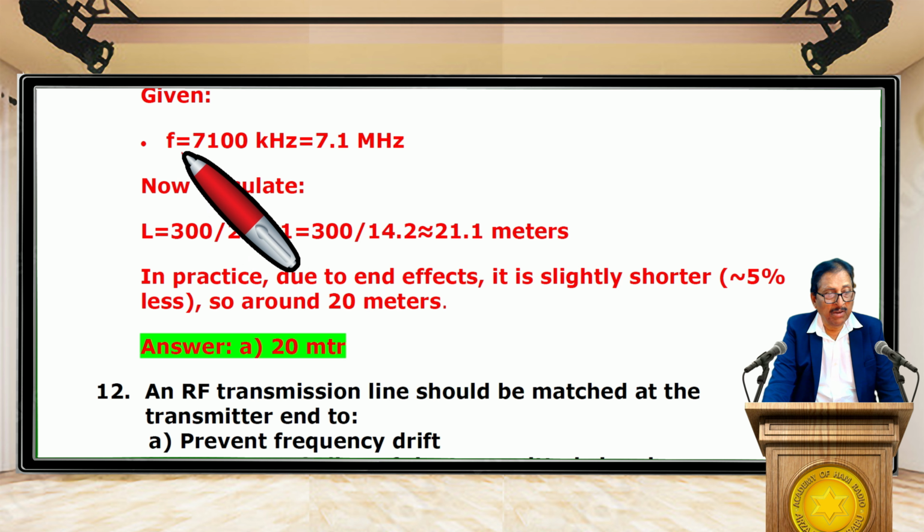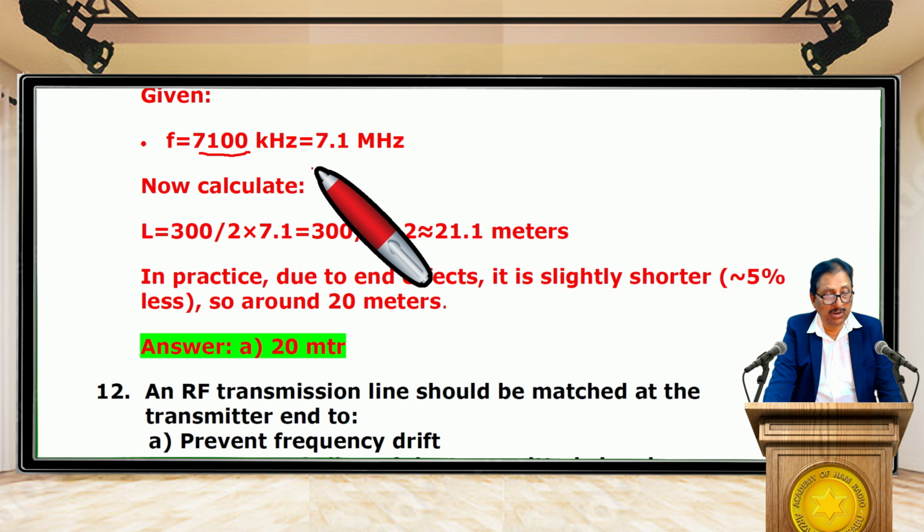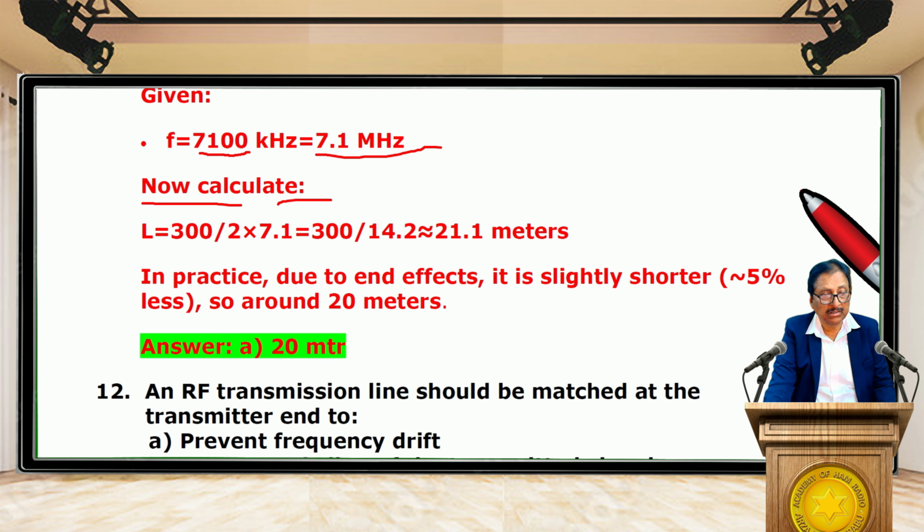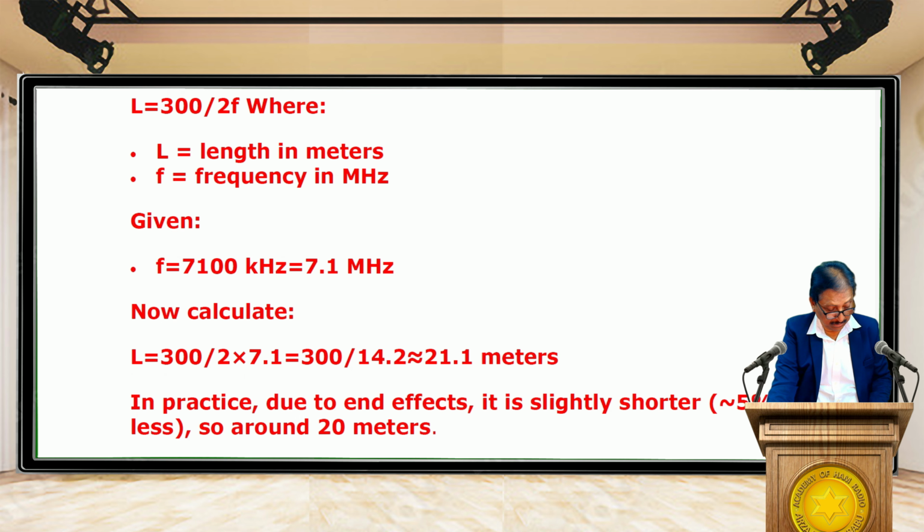So f is 7100 kilohertz, that means 7.1 megahertz. Now calculate: L is equal to 300 by 2 into 7.1, that is 300 by 14.2, which is approximately 21.1 meters.